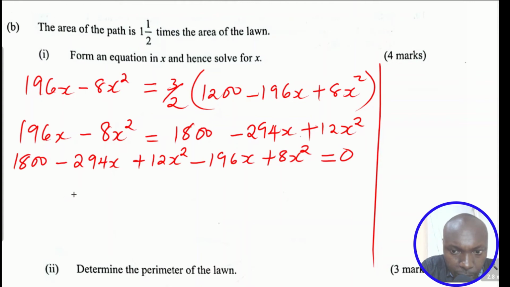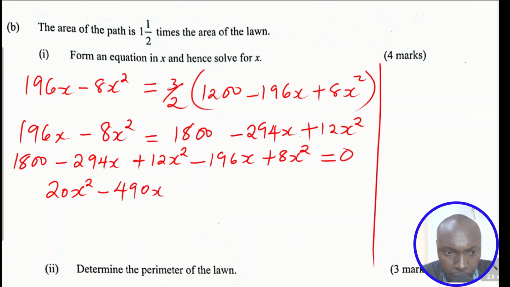You'll end up with 20x squared, working out. Then we have negative 294x subtract 196x is going to give negative 490x. Then we have 1800. This one is equal to 0.